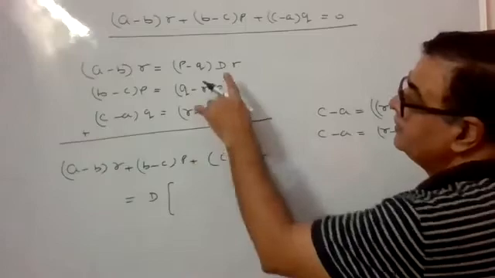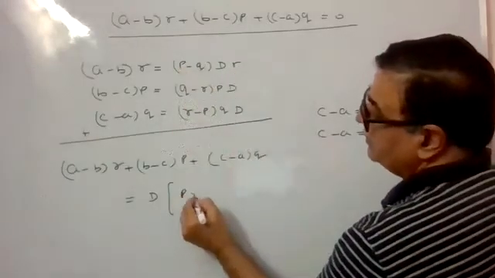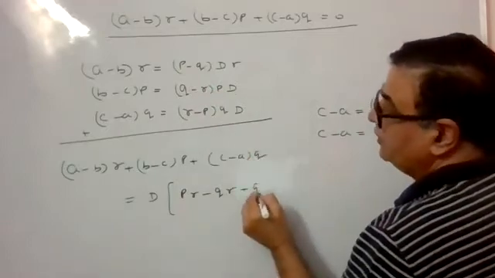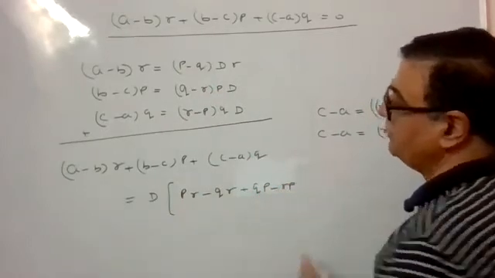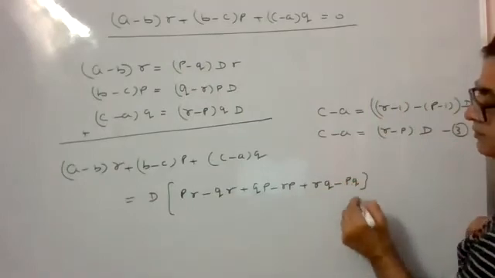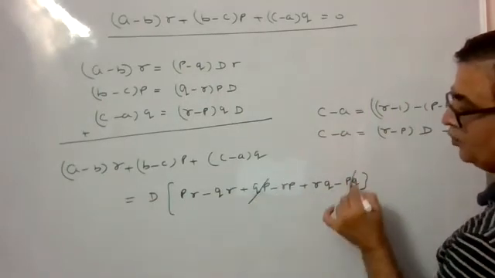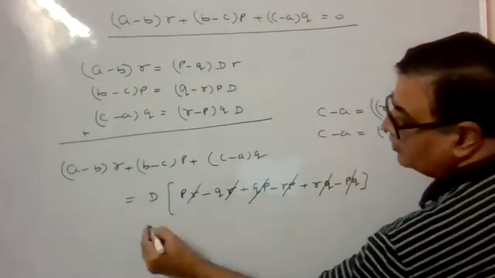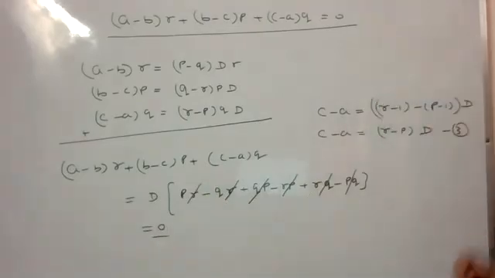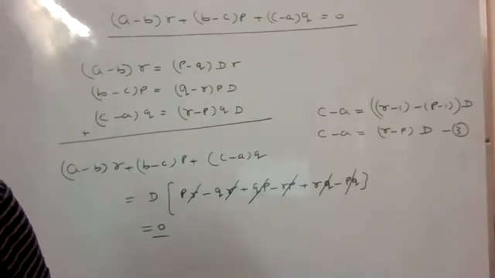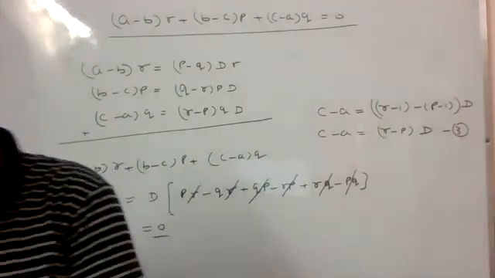Then what is left? pr minus qr, then plus qp minus rp, and the third will be rq minus pq. pq and pq are gone, qr and qr are gone, rp and rp are gone. So it is also coming out easily. This was your NCERT problem. Next question, please.